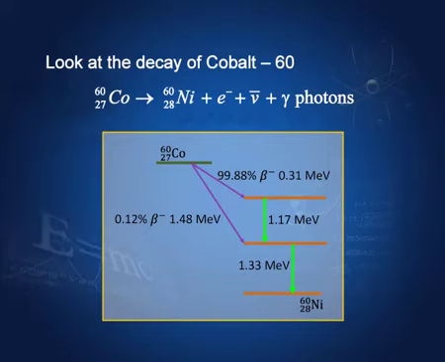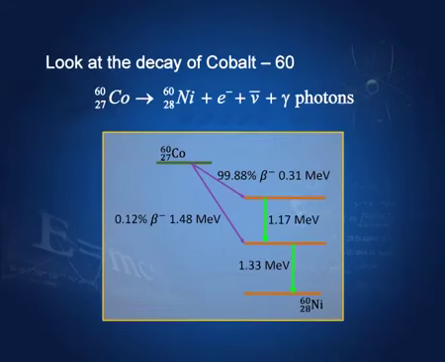In most cases it goes to this state, which then may emit 2 photons to come to the ground state. In rare cases, 0.12%, it goes to this state, which comes down to the ground state by emitting a gamma of energy 1.33 MeV.